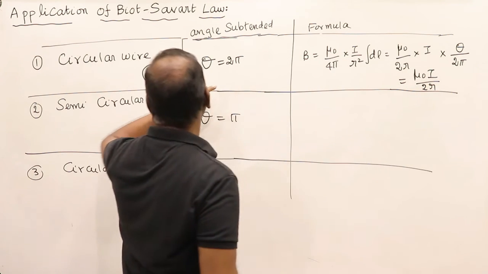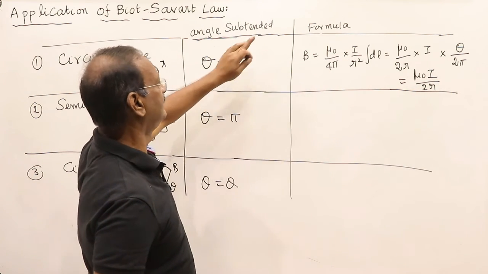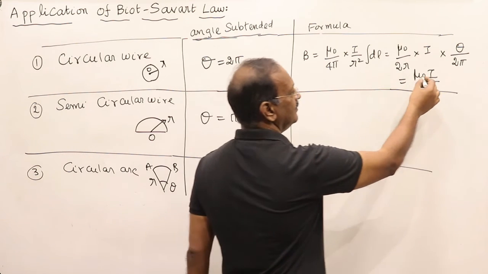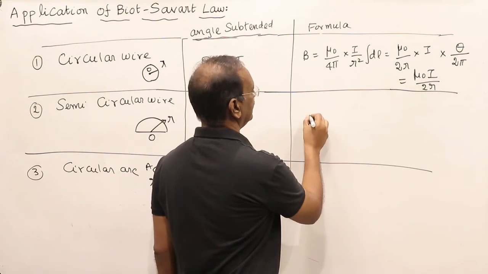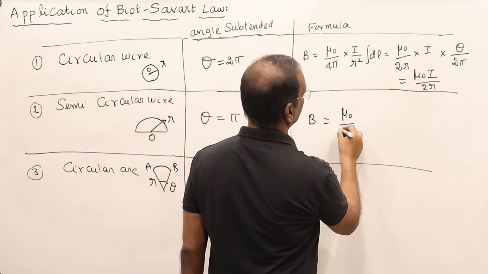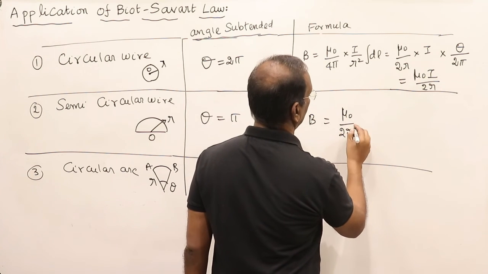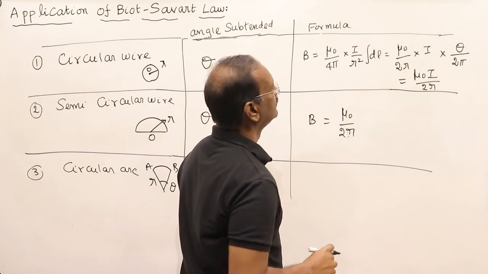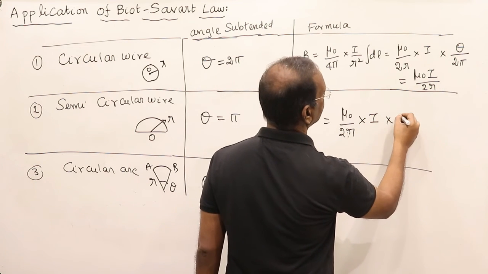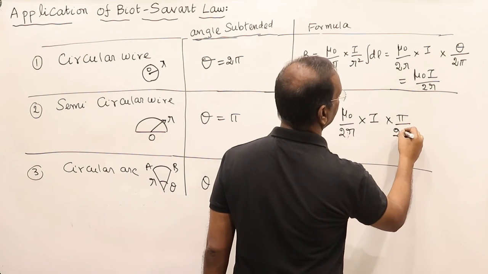That is, the magnetic field produced at the center of a circular wire is equal to mu naught I divided by 2r. For a semicircle, the magnetic field is mu naught by 2r into I into theta, which is pi divided by 2 pi.